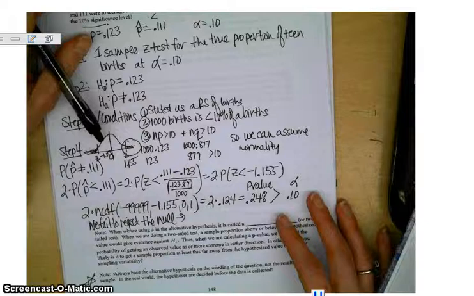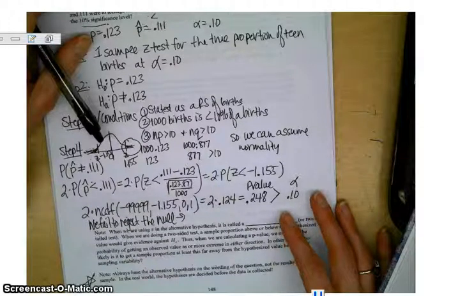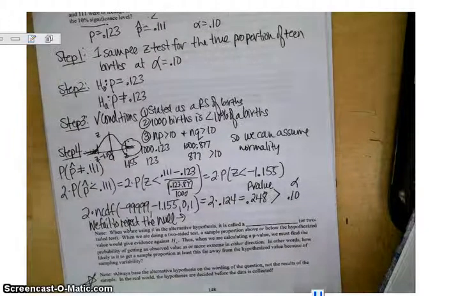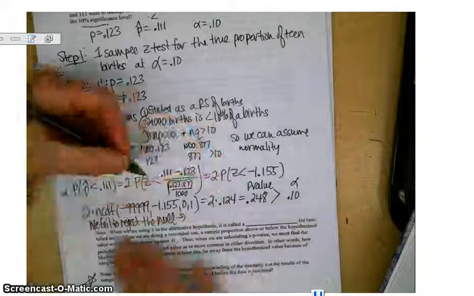Has the percentage of births of teenagers changed? We don't have enough evidence to say that it is different. We fail to reject the null.